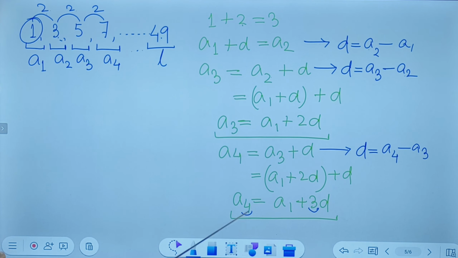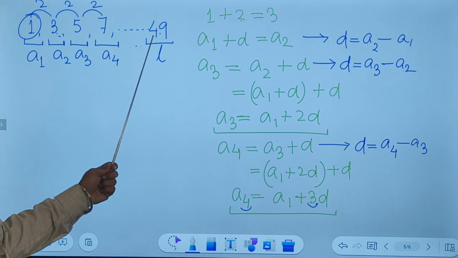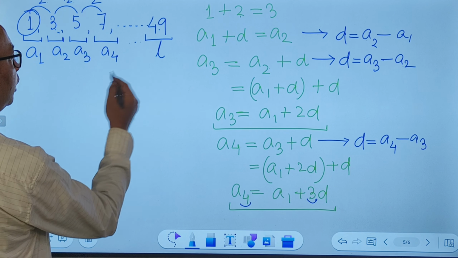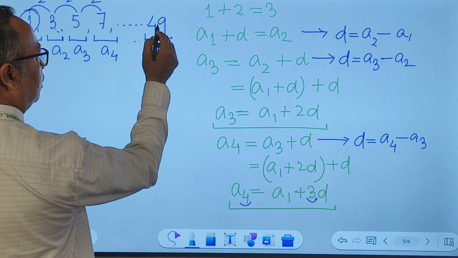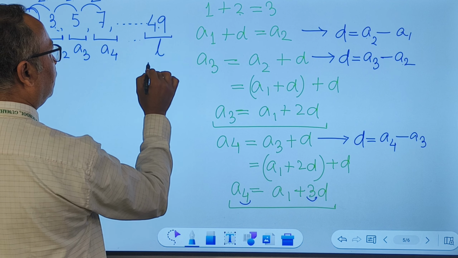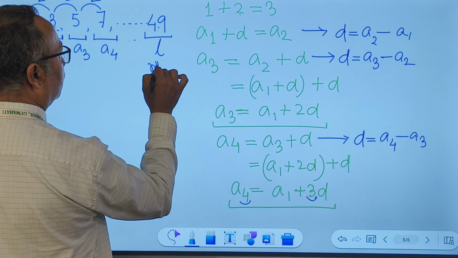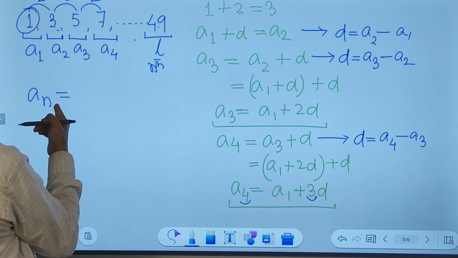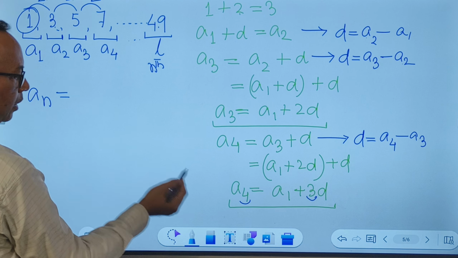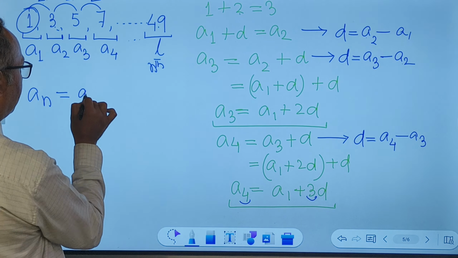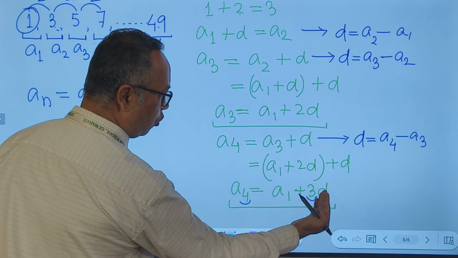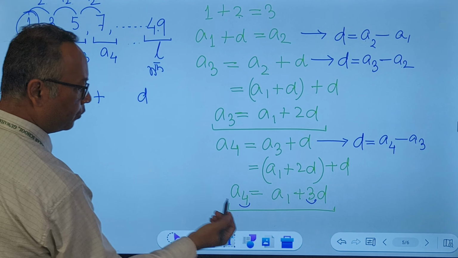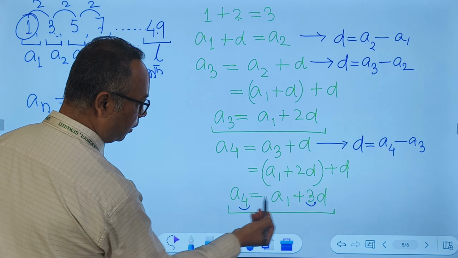So if we have to find the last, that is the nth term, then an will be the first term plus the difference multiplied by 1 less than n.